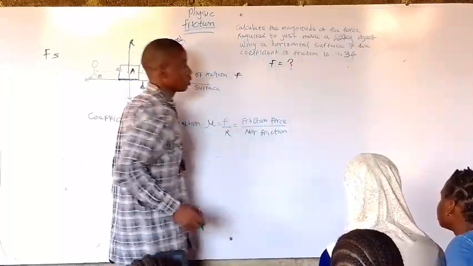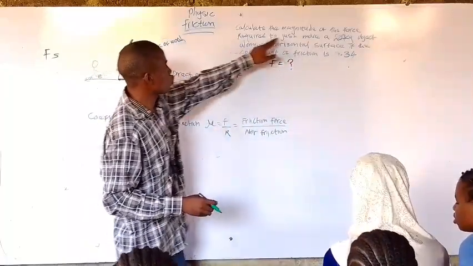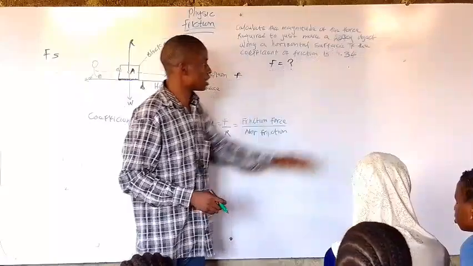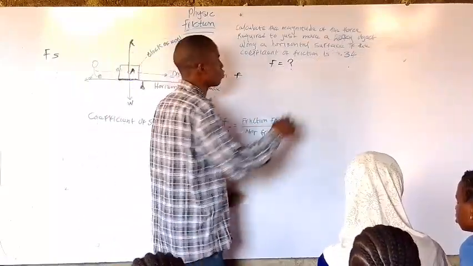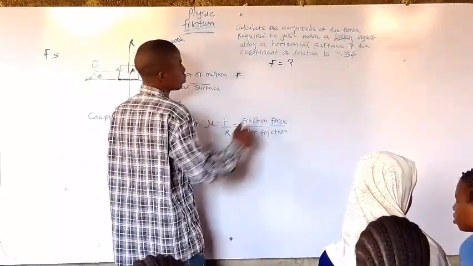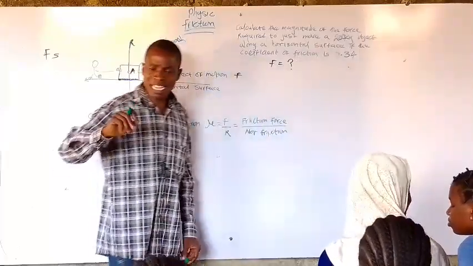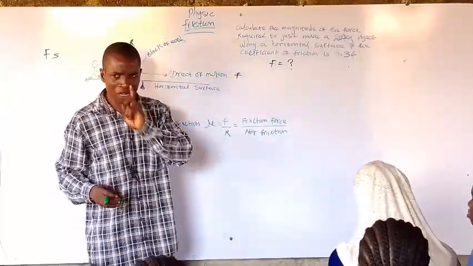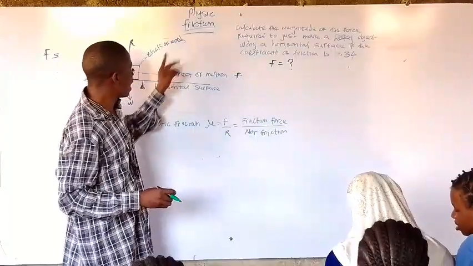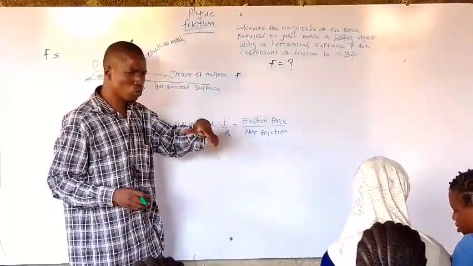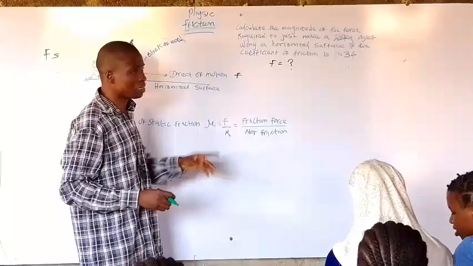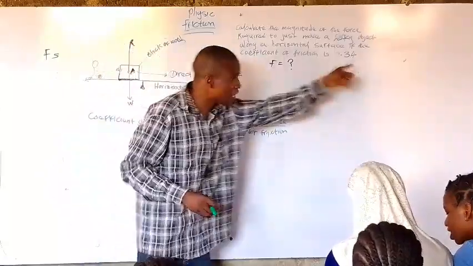We don't know the force. Now, required to just move the object. What is the object? When you are reading, whether you want to do your exam in JAM or any other, make sure you read all of it to the end.